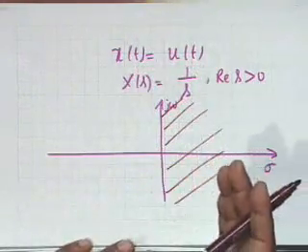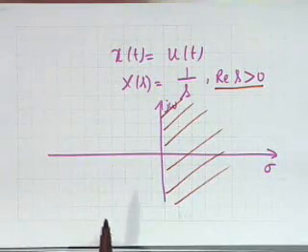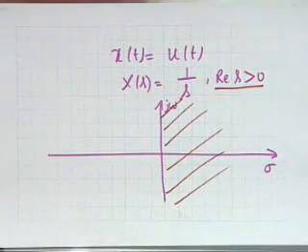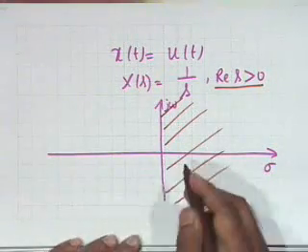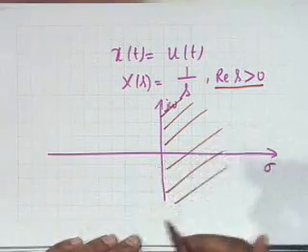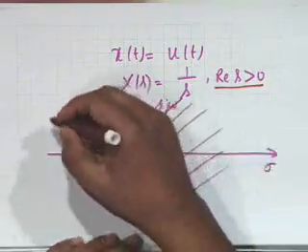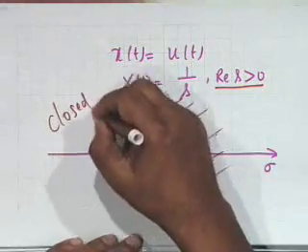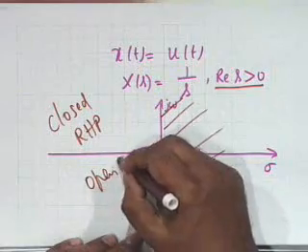On the other hand, if in this definition real part of s is greater than 0, it is the open right half plane, because sigma equal to 0 is not included. You can come very close, infinitesimally close, to the j omega axis, but not include it. You understand what we mean by closed RHP, right half plane, and open RHP.